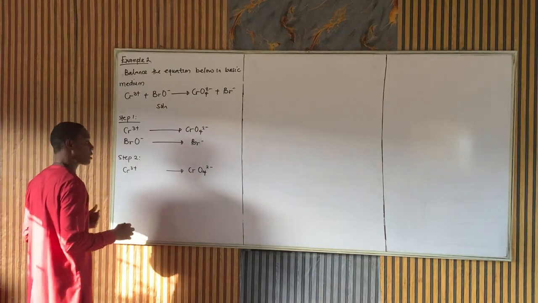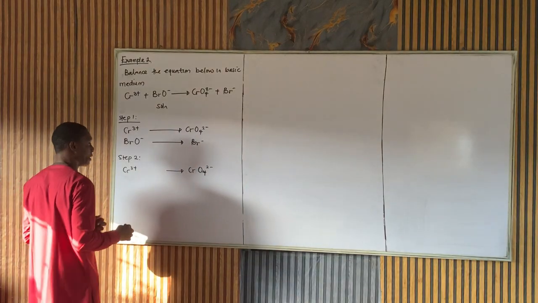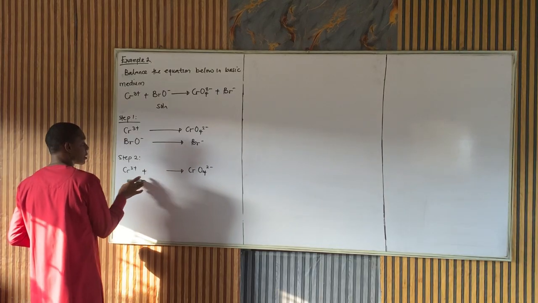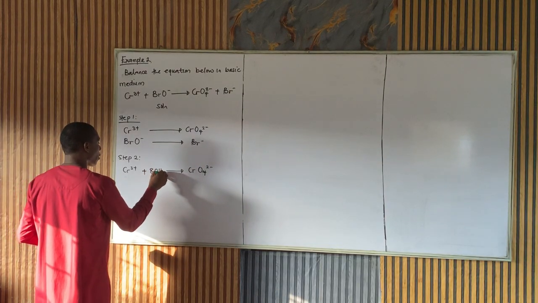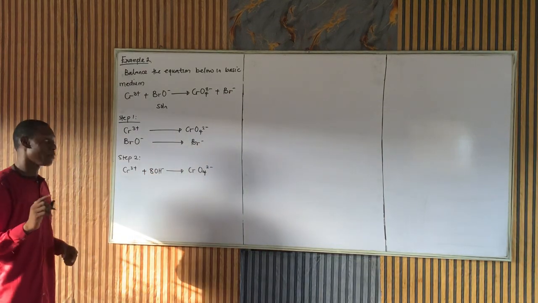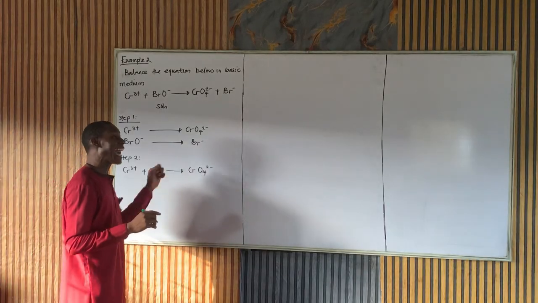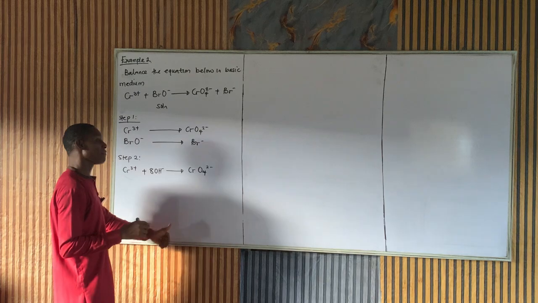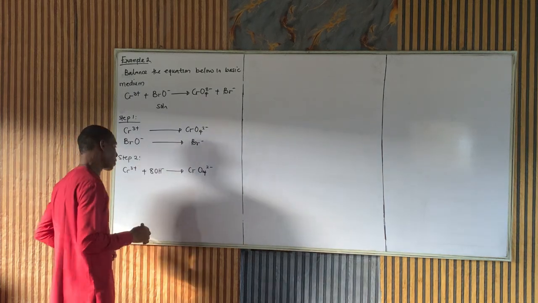So I'm going to add OH because this is basic medium. I'm going to add it to the side we have the fewer oxygen. That's where you add your OH. Unlike the acidic medium, where the side with the higher oxygen gets your H+, here the side you have the lesser oxygen, you add your OH.